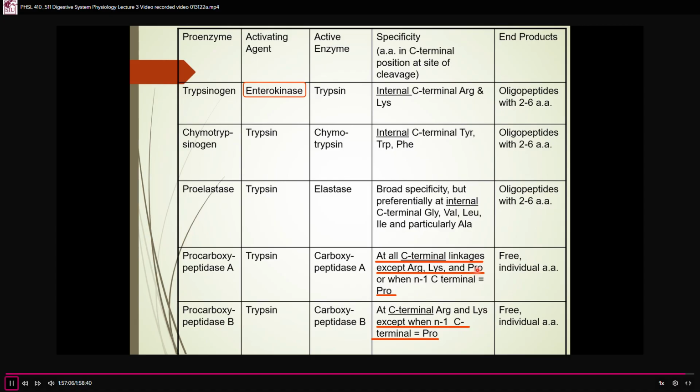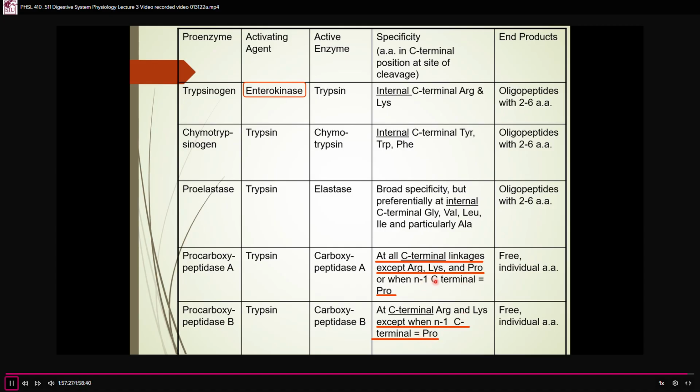For instance, the carboxypeptidase A and B type carboxypeptidases, which release individual amino acids from the carboxy terminus end of polypeptide chains, won't cut if that last amino acid is a proline.